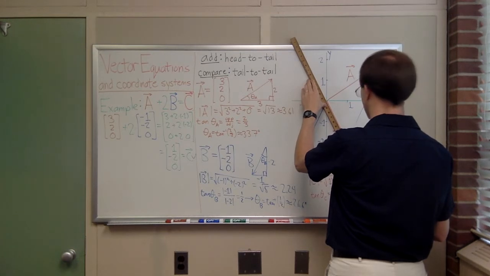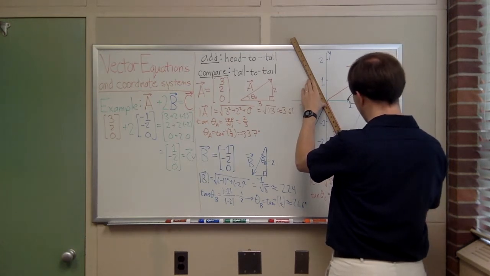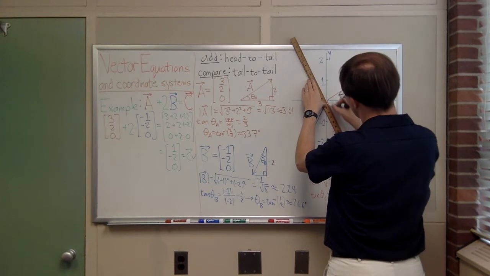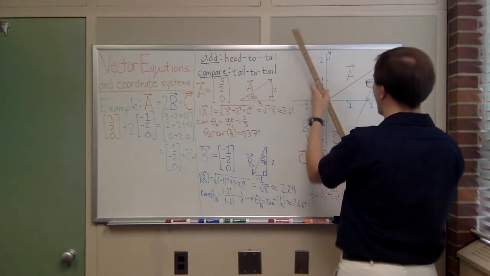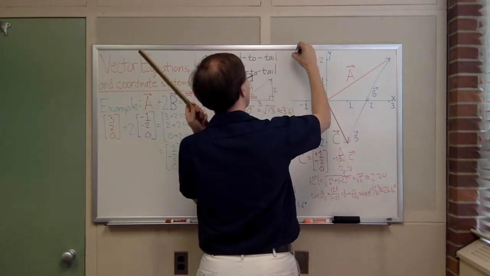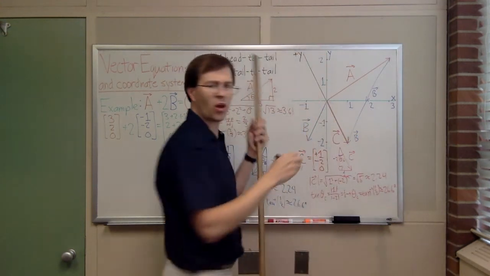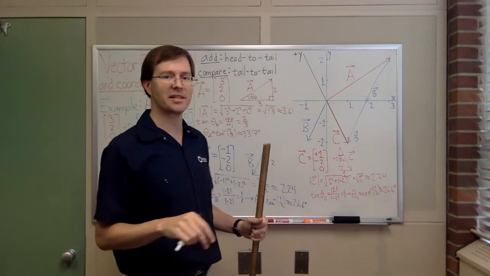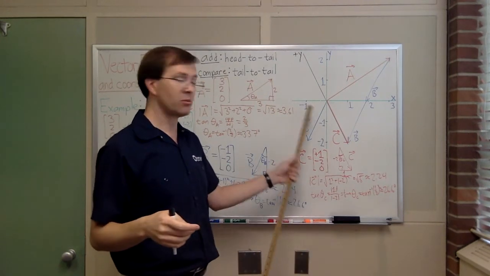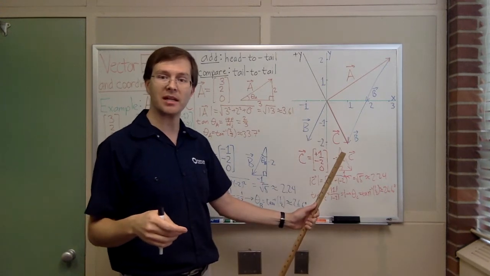Okay, good enough. Here's what I'm going to do. I'm going to draw this y-axis. There we are. That's my y-axis, and this is going to be my plus y direction. I could call it y prime or something, but I don't want to confuse with weird labels. That's my new y-axis, deliberately lined up with vector c.